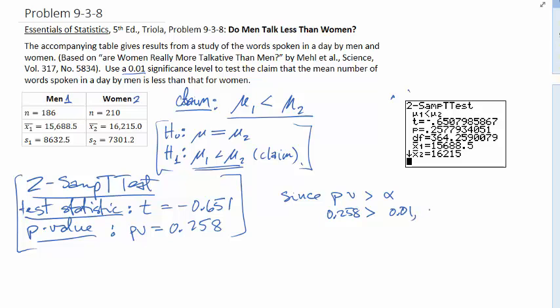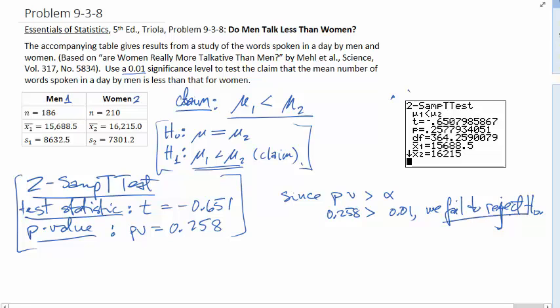We fail to reject our null hypothesis. This is our decision, and now we're going to write our conclusion. Our original claim does not contain a condition of equality, and we fail to reject. Those are two things we're going to look for.